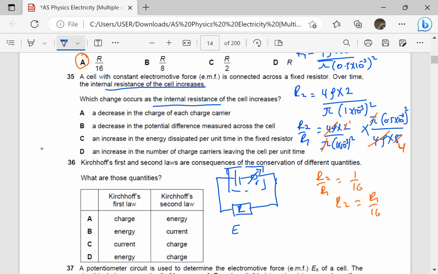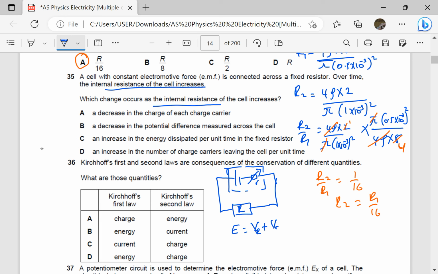Remember the EMF is equal to PD across R plus the lost volts, PD across small r. If the internal resistance increases, it means the current flowing through the circuit decreases, which means the terminal PD is most likely going to decrease.